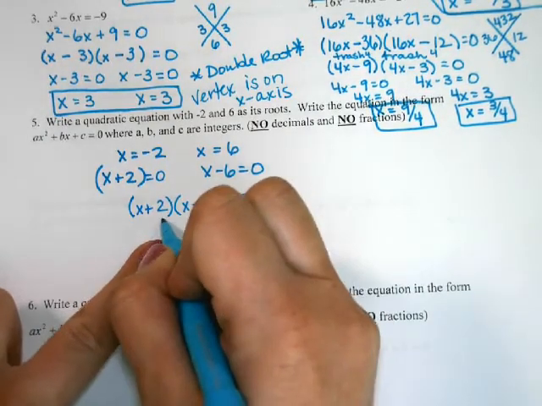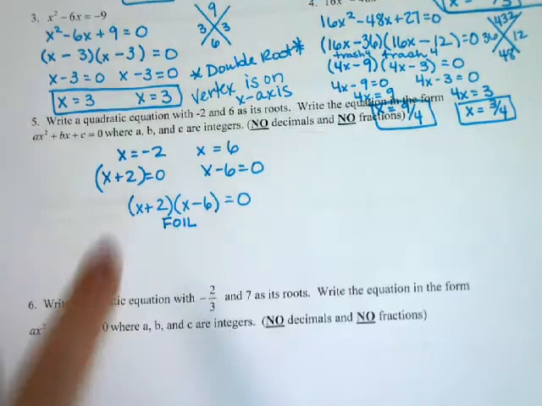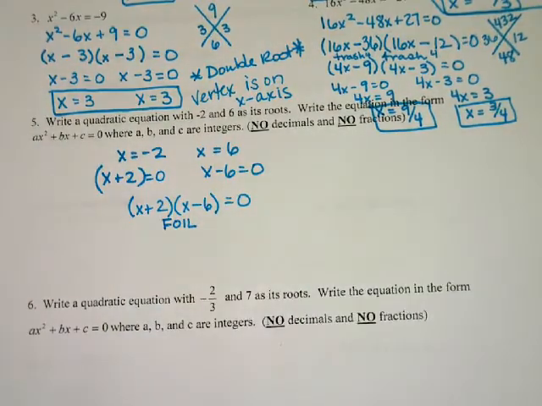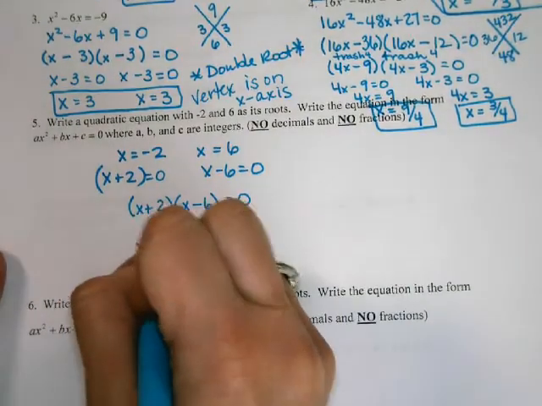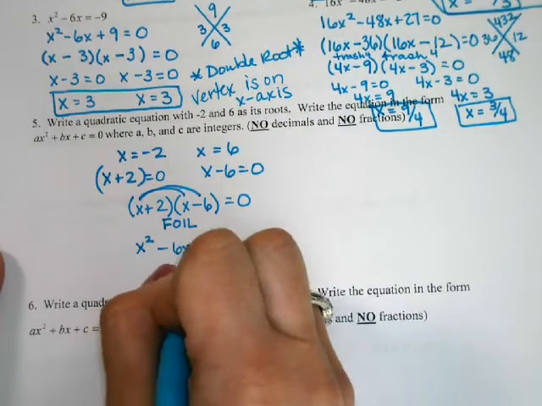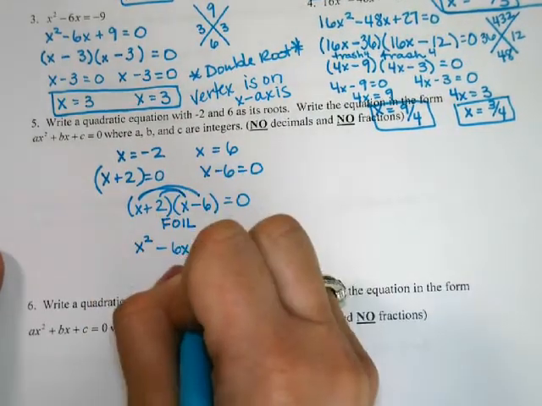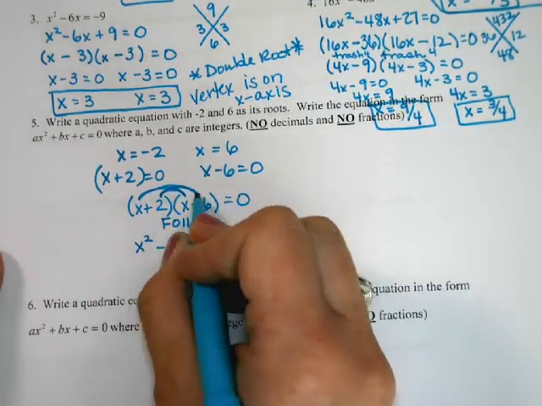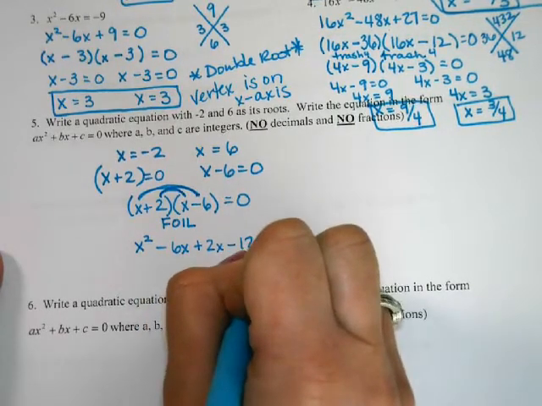And now I'm going to FOIL. So, x squared minus 6x plus 2x minus 12.